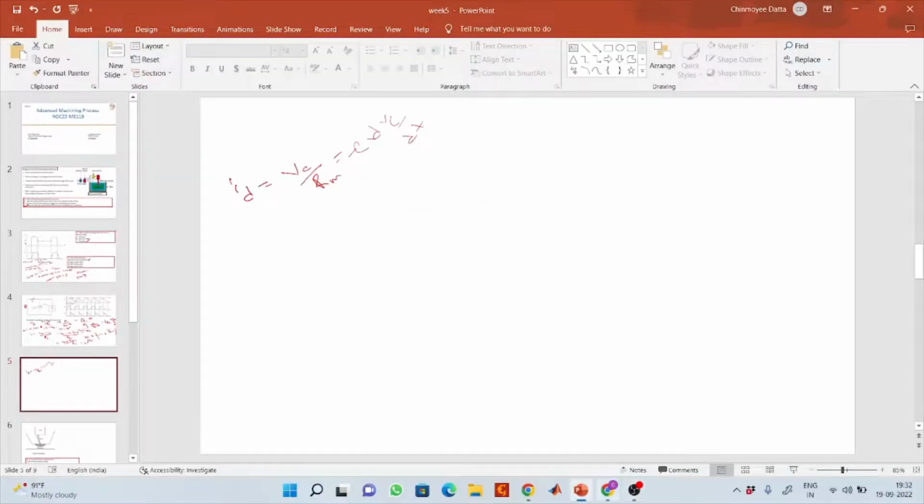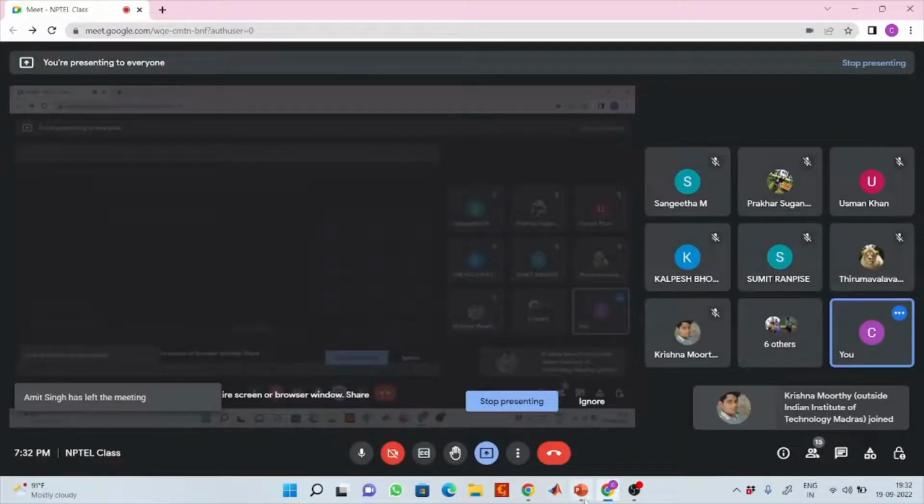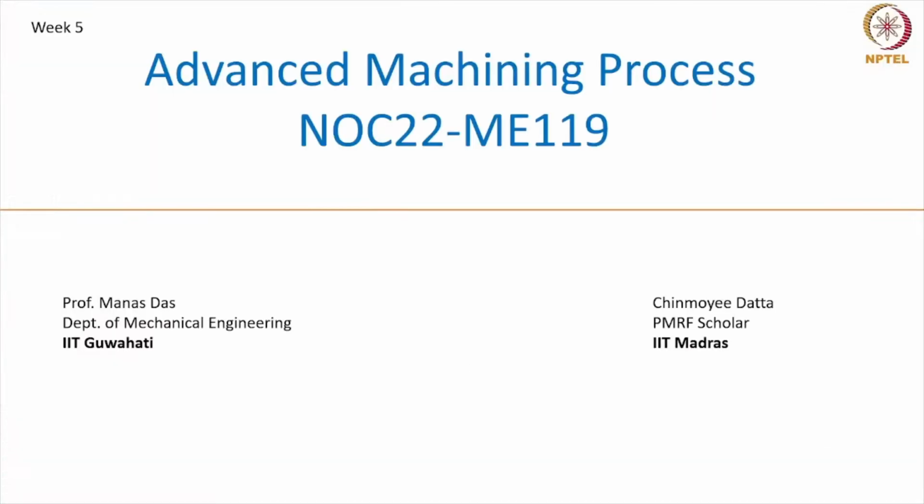minus C into dVc by dt. Okay, Vc is the capacitor voltage during the discharging, and Rm will be the machining resistance.